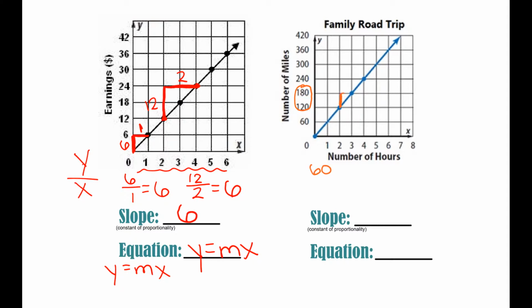If I go from here to here, I'm looking at these numbers down here, and I'm going from 2 to 3. So that is going to be a change of 1. When I simplify that ratio, that's going to be 60. So 60 is going to be my slope, or my constant of proportionality. And then when I write my equation, 60 will go in the place of the m.